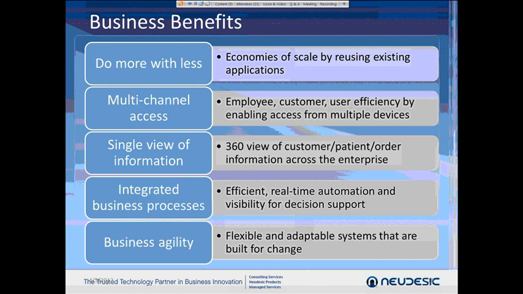You want to really put some governance around this stuff, right? So the ability to have a 360-degree view of your customer, patient, order, whatever your domain within your organization looks like, is really one of the core promises of composition, right? So if you look at resisting the reinventing, right, of those integrations every time, what you get to is kind of a single version of the truth, right?